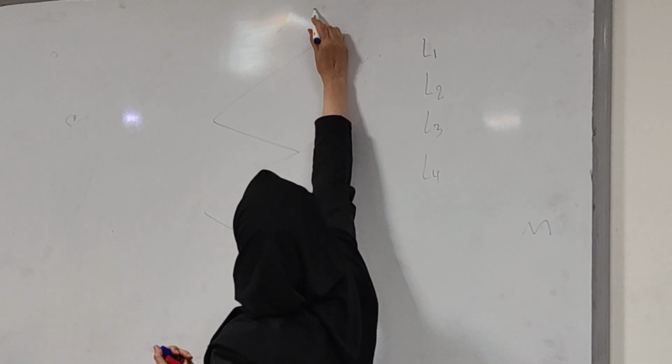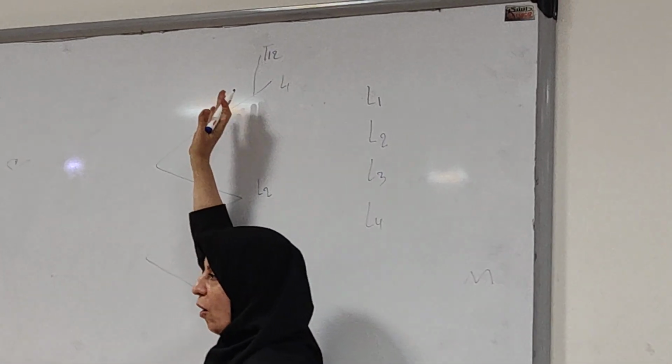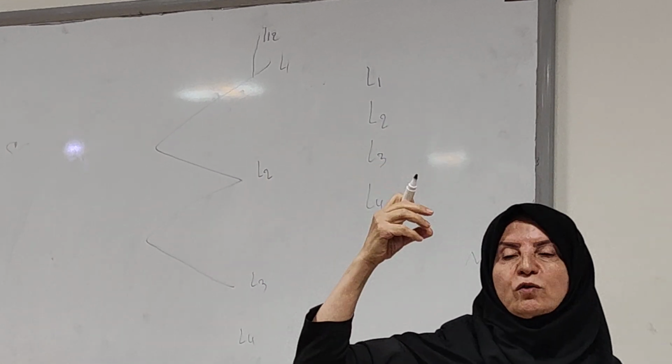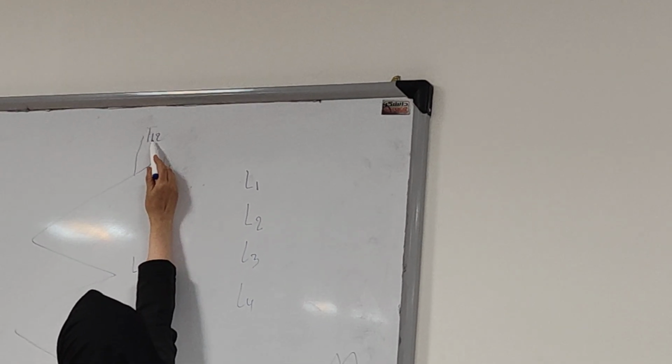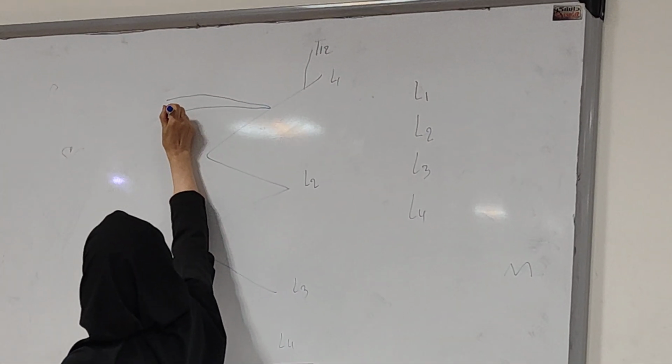L1 receives some of the branch from T12, not all of the branch. Some of the branch from T12 is going to participate in the lumbar plexus. L1, after receiving some of the branch from T12, divides into two branches, superior and inferior branch.